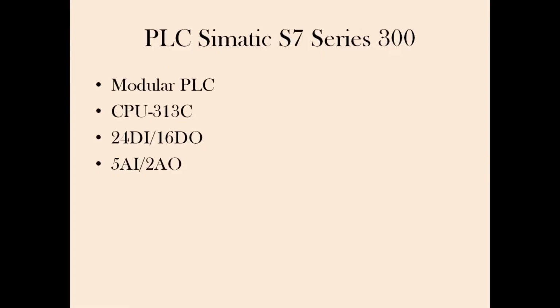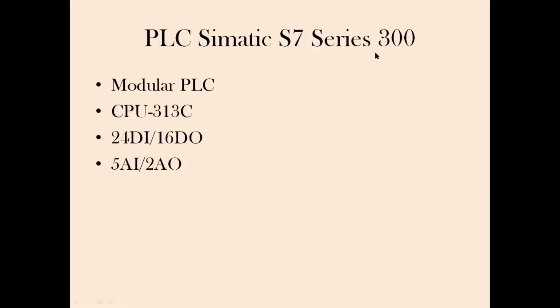Here, by using an MPI cable they are making the communication. There are two types of cable: one is PPI, another one is MPI. PPI means point to point interface. MPI is multi-point interface. So by using an MPI cable here we are going to make the communication. That's it about the basic information about the 300 series.